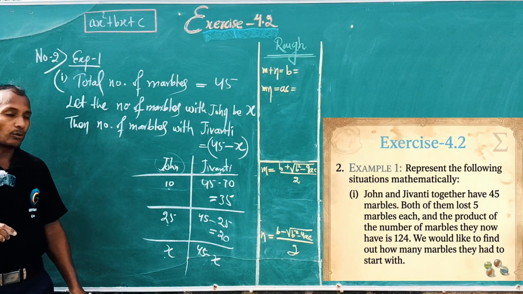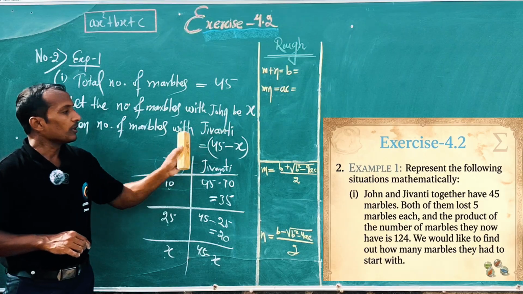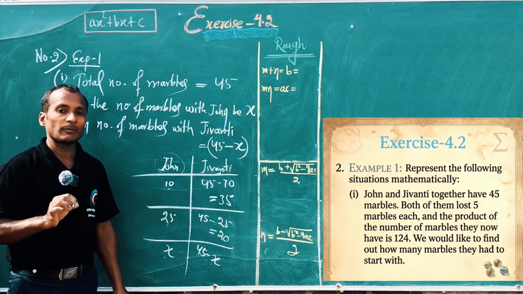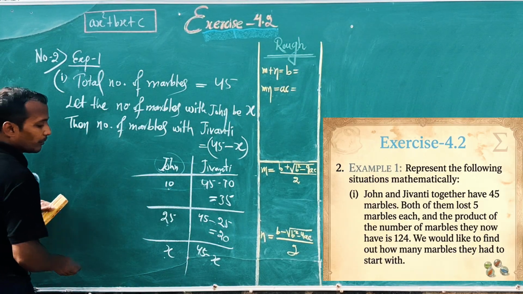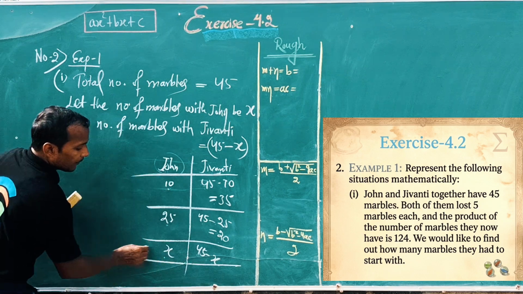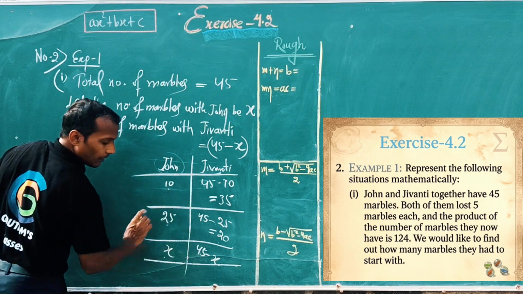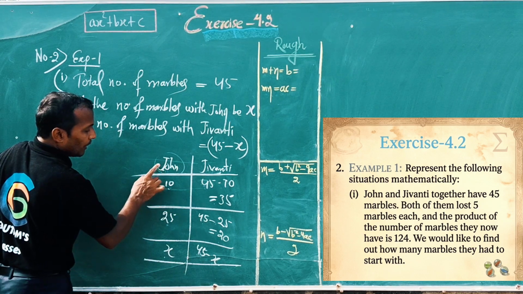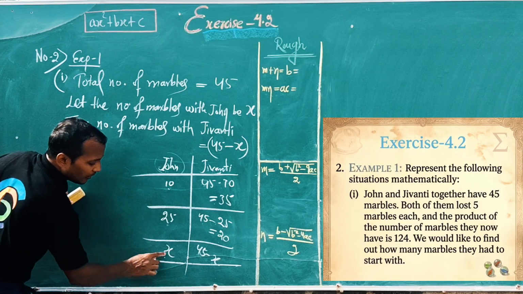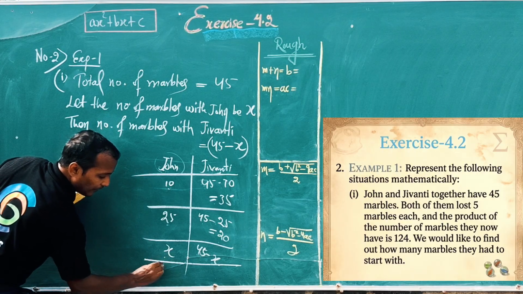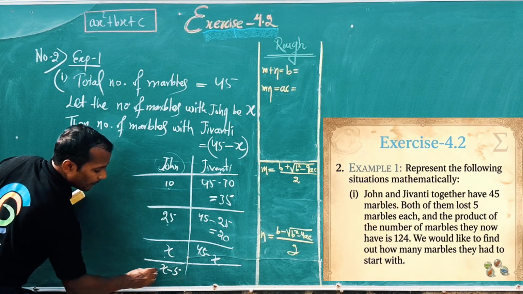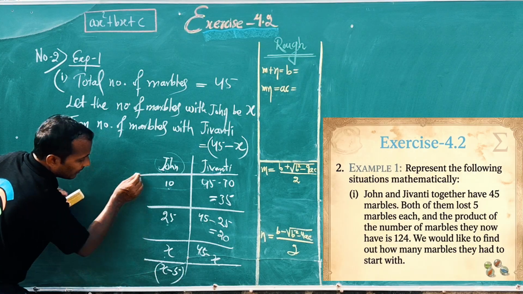Correct. According to the question, they both lost 5 marbles, each of them lost 5 marbles. So now what happens? John has x marbles, Jivanti has 45 minus x marbles. When John loses 5 marbles, he will have 5 less than x, that means x minus 5. This is the number of marbles with John now.